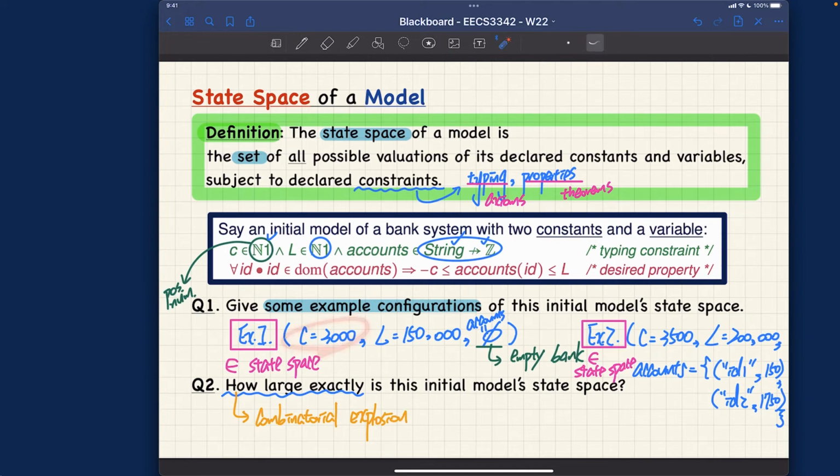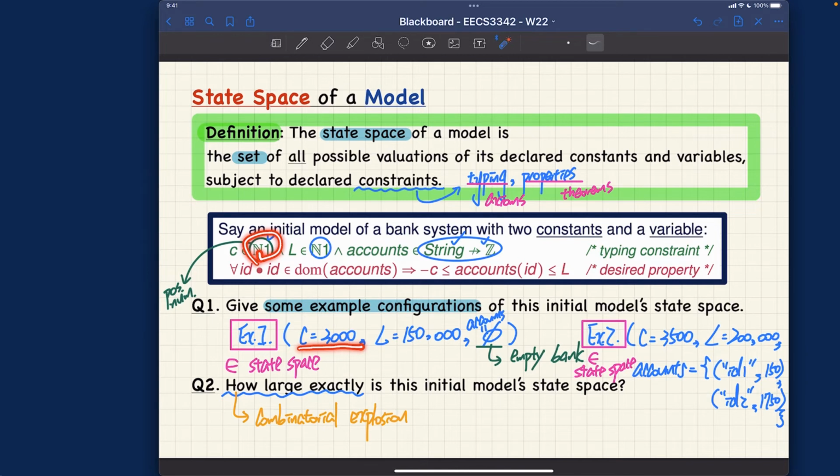So here we got 1, 2, and 3 model components: 2 constants and 1 variable. If you really want to make a valid valuation or configuration of the model, you actually have to consider their type over here. So how many possible values can you choose for C? Well, since it's all positive, it's basically any value starting from 1 all the way to infinity.